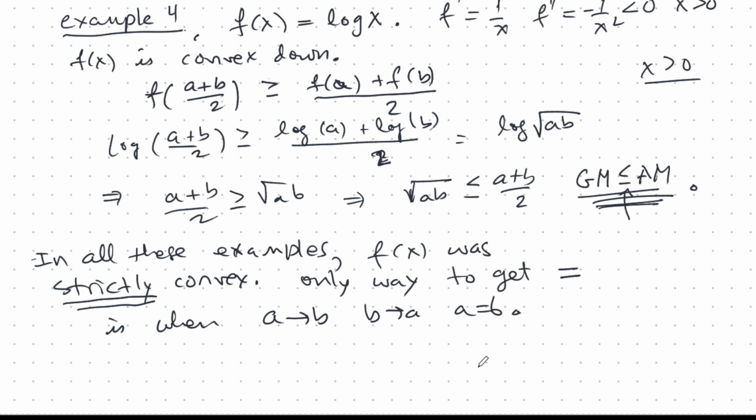That's the only way, because in none of these cases do we have straight lines. All right, so we were careful about this. And you notice that the convexity analysis gives you a really nice explanation of why you can sometimes get equality and why that only happens when a equals b. I think that's really, really beautiful.